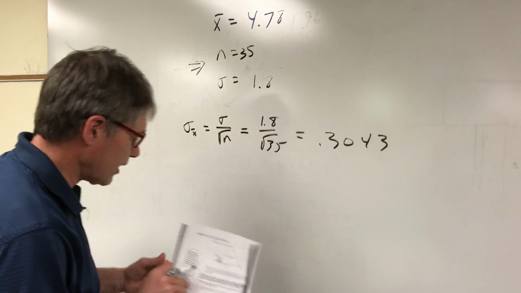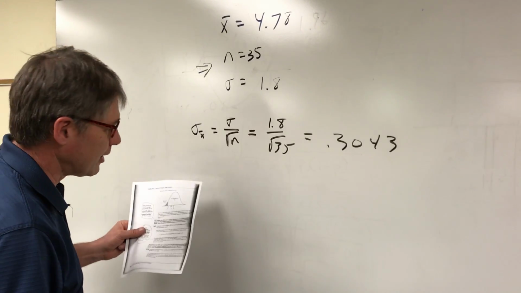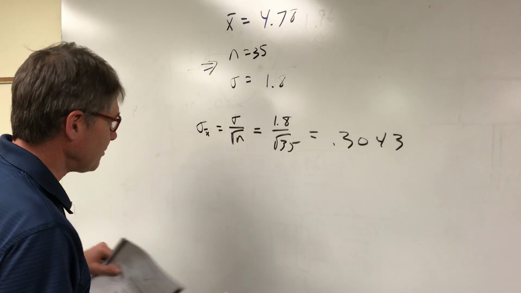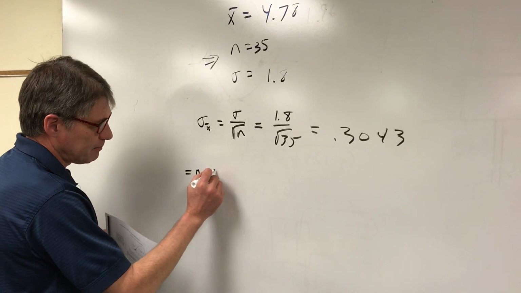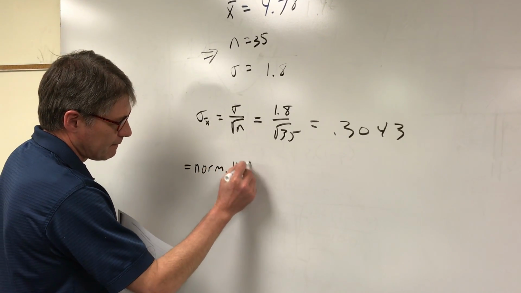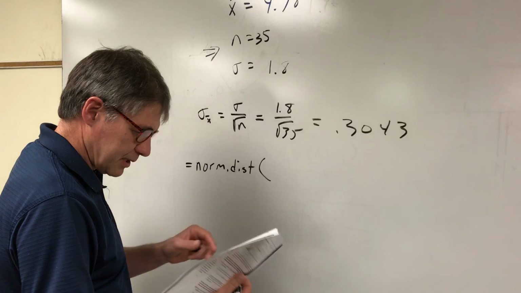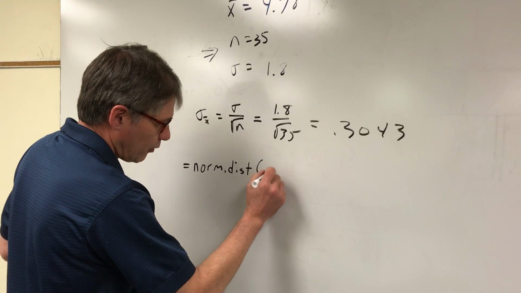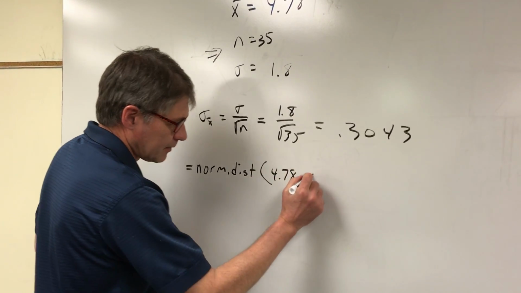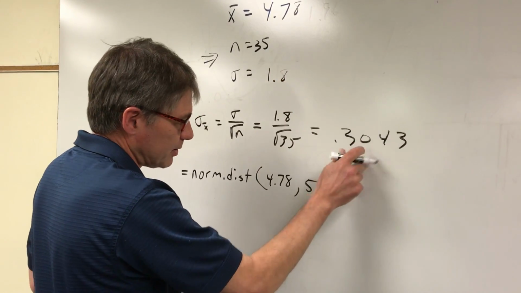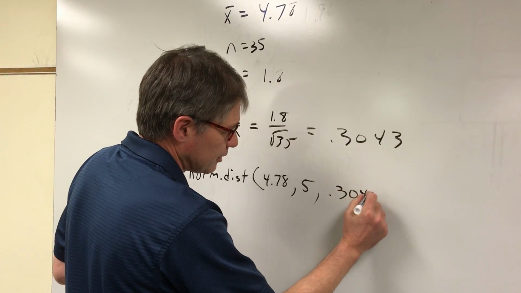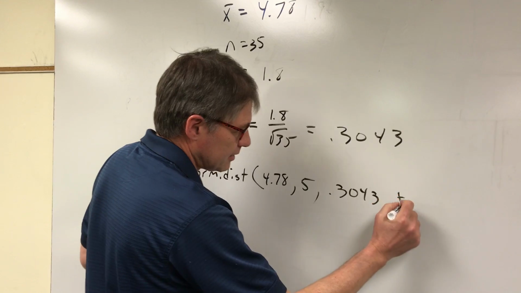And if we take our point of interest at 5, we come in at 4.78. So I'm going to do the NORM.DIST in Excel. I'm going to put in 4.78, 5, and instead of using standard deviation, I'll put in the standard deviation of the means, and TRUE.